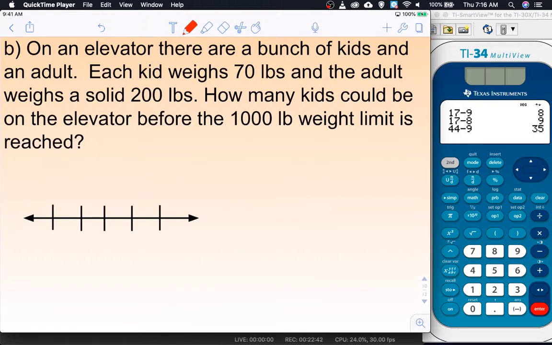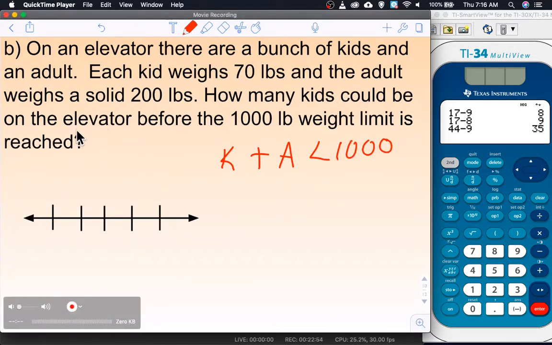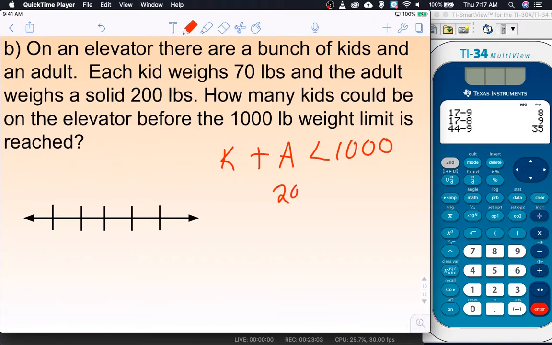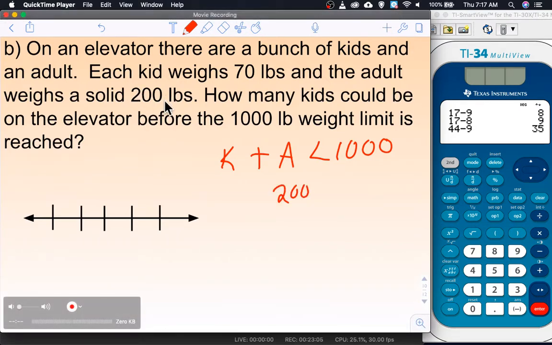So let's see. So you got a bunch of kids and an adult. And we probably want this to be less than 1,000 pounds. We don't want to go equal to. And it says how many kids could be on the elevator before the 1,000 pound weight limit is reached. Okay. So, well, we know the adult weighs 200. It said so right in the problem.